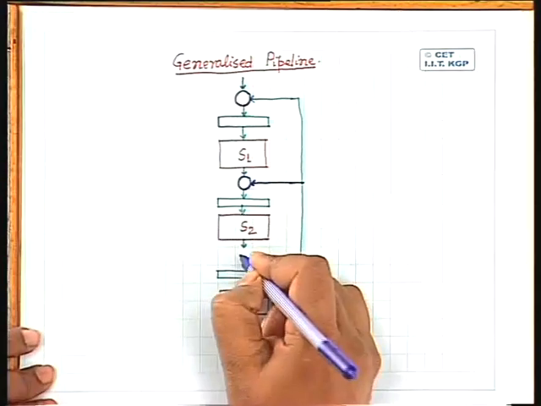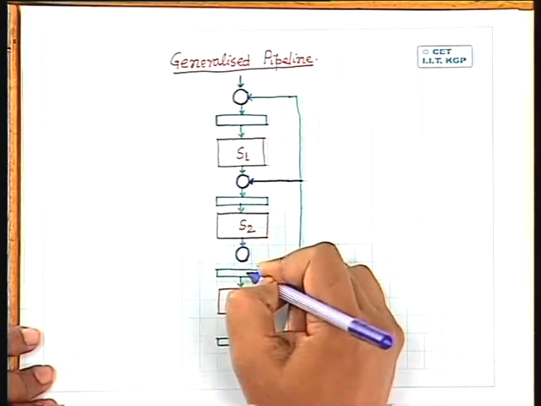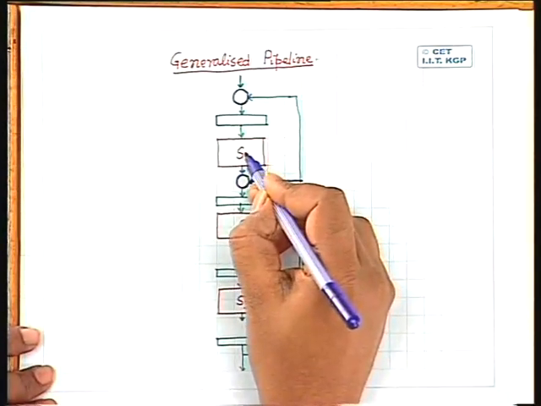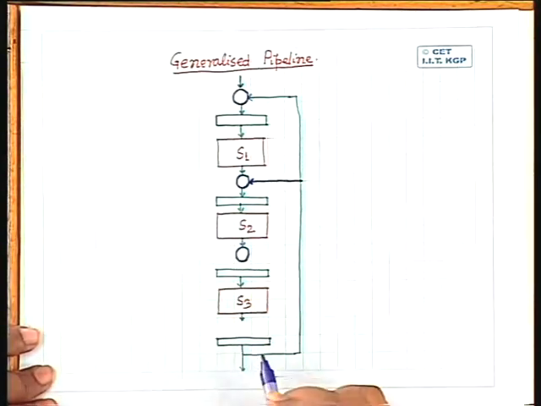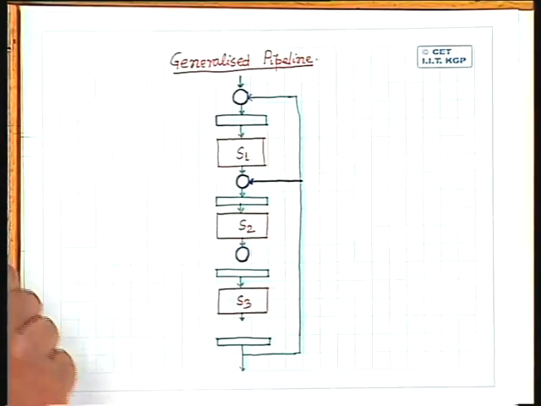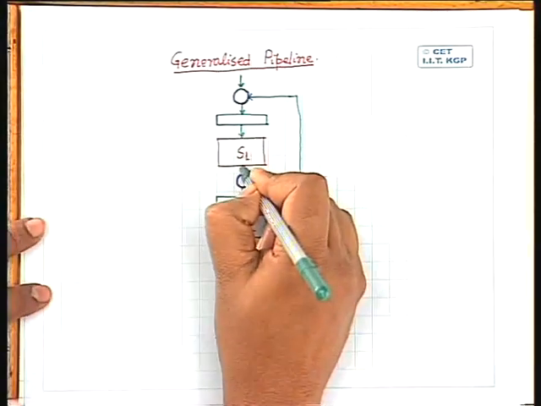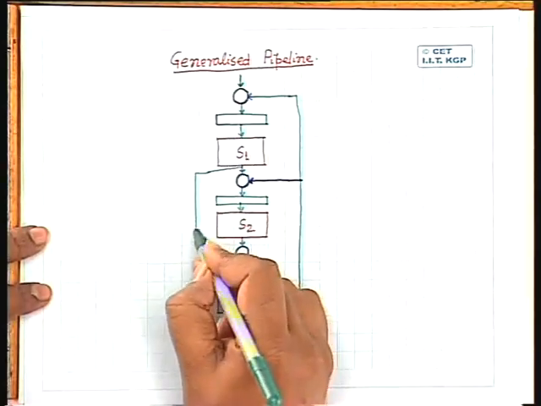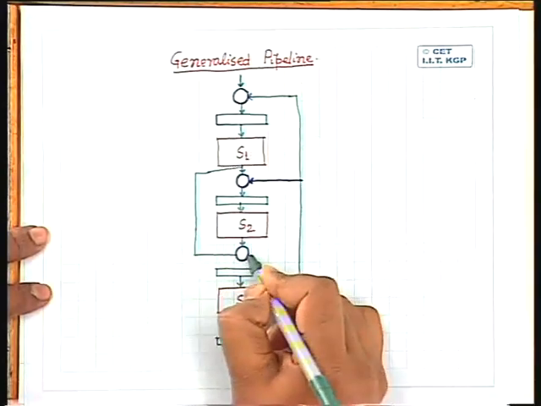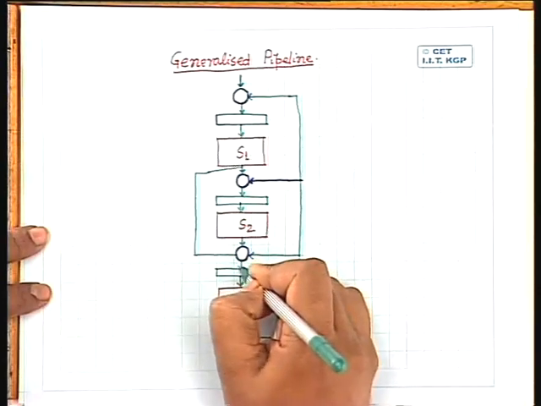And similarly, S3 can get input from S2, it can get input from S1, it can also get input from S3 itself. That is a self loop. So in this case, I can do a connection of this form. From S1, the data can go to S3, and the data can come to S3 from S3 itself. So I can have a data path something like this.